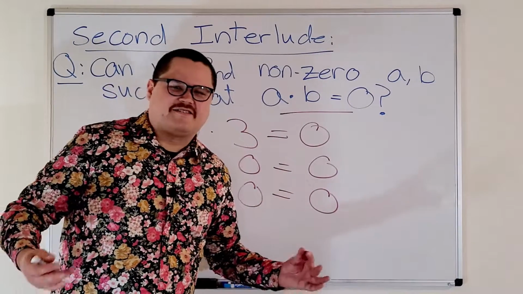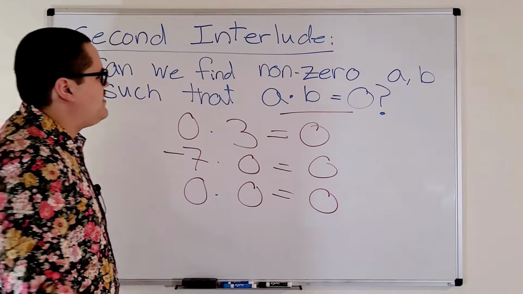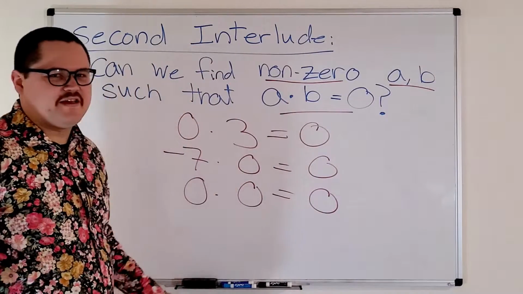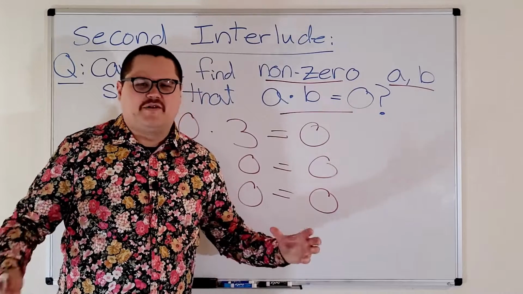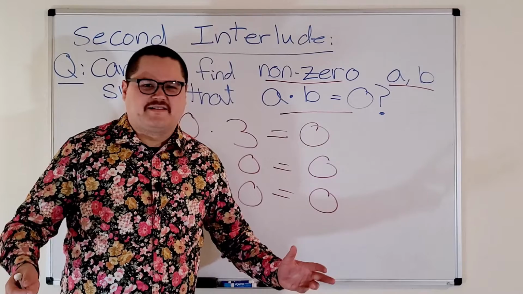But these aren't really answers to this question, are they? Because I'm looking for non-zero a and b with a times b equals 0. And when I think of non-zero numbers, when I multiply them together, I'm not going to get 0.